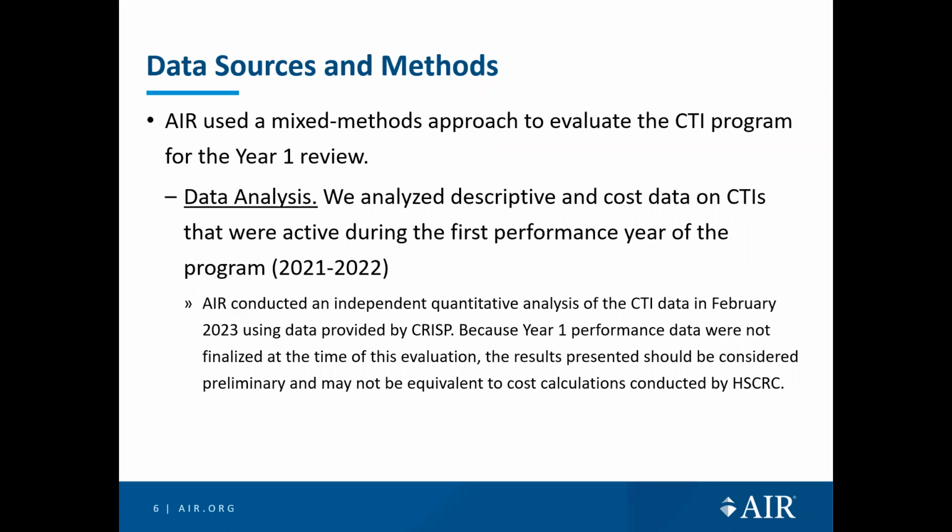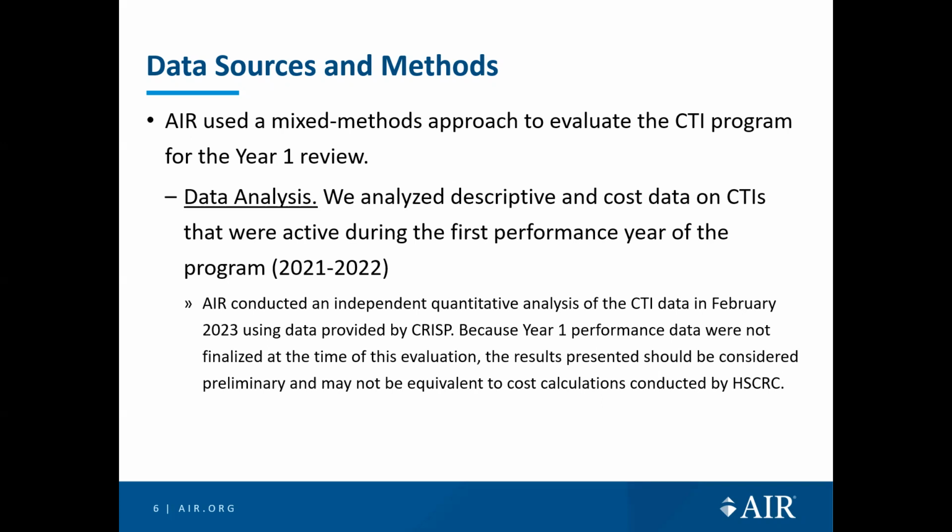Just a quick overview of the data sources we used and the methods we used to conduct this analysis. We used a mixed methods approach, which means that we used both quantitative data, so data from CRISP and the HSCRC on the costs and target prices for each CTI that were active during the first performance year. And as Jessica mentioned, this analysis was conducted independently by AIR in February of 2023 using the data that was up to date at that time.